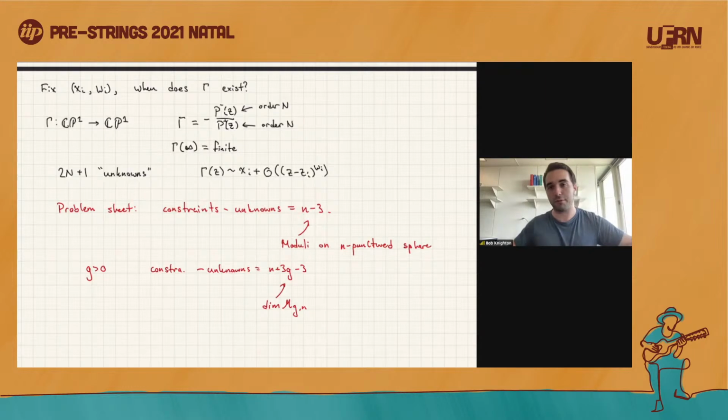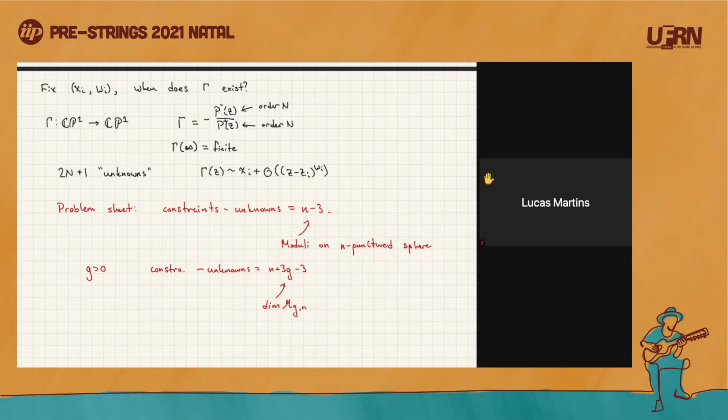So that's the virtual dimension that you would calculate using Riemann-Roch. And in order to actually pick out a solution from that, you have to fine-tune n minus 3 moduli. But if it's related to some index theorem, I don't know. I mean, maybe in the way that Riemann-Roch is related to an index theorem, potentially. Okay, thank you. Of course.